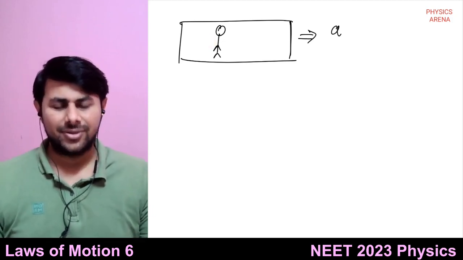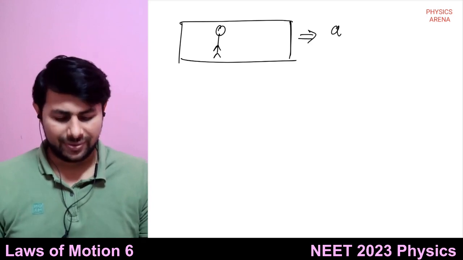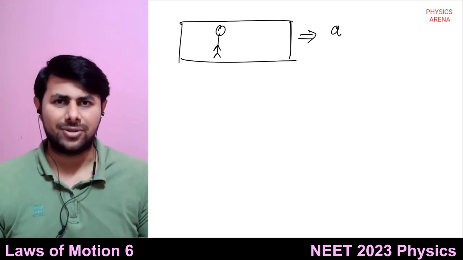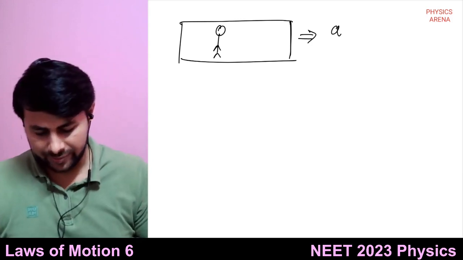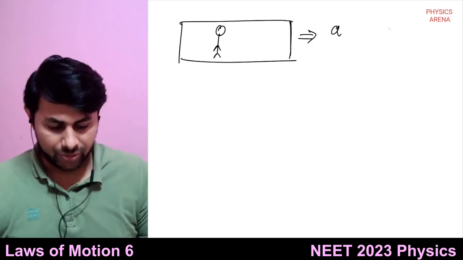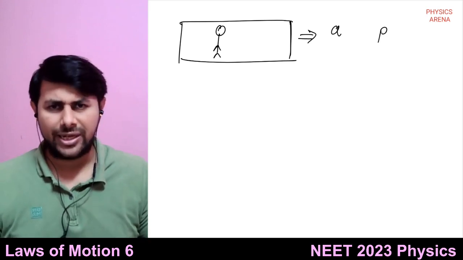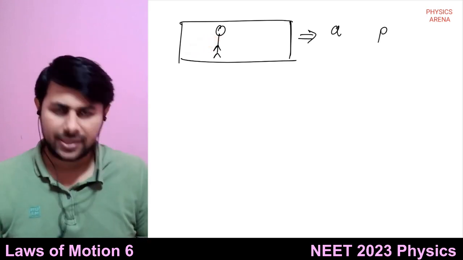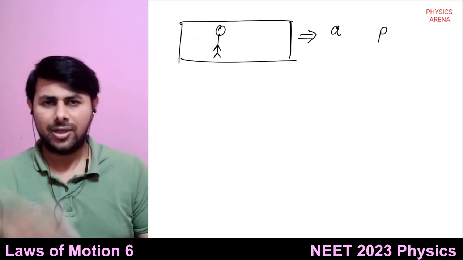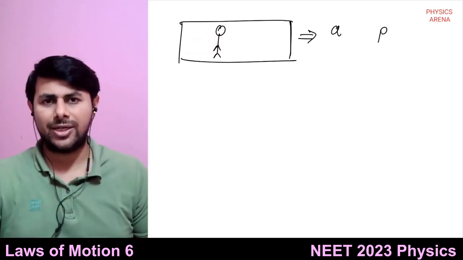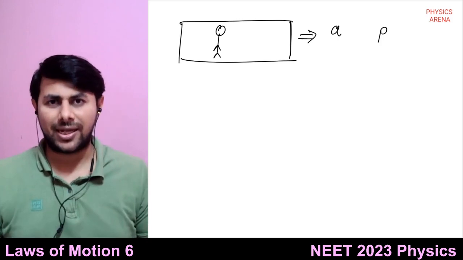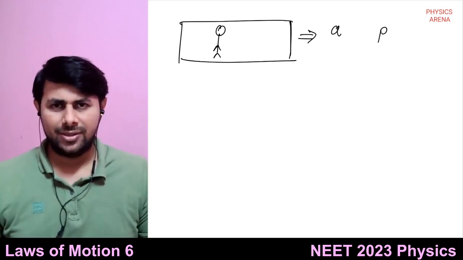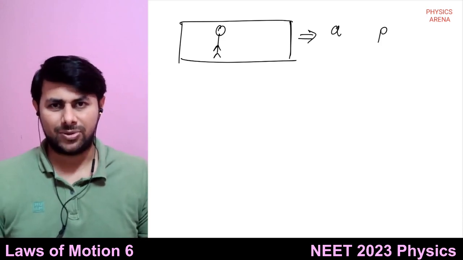No. So you say that there is some fictitious force, some pseudo force acting on you. It means there is no real force acting, but to explain your acceleration towards left, when the bus is accelerating towards right, you tend to fall. If the bus is moving in forward direction, you tend to fall in backward direction like this. You can't explain this motion using any real force.